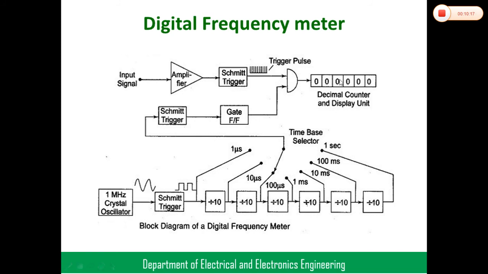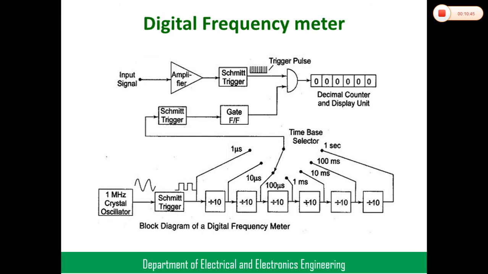When the gate is disabled, it is closed. So the number of clock pulses is counted by the counter. So this is about the four different main components in this frequency meter.